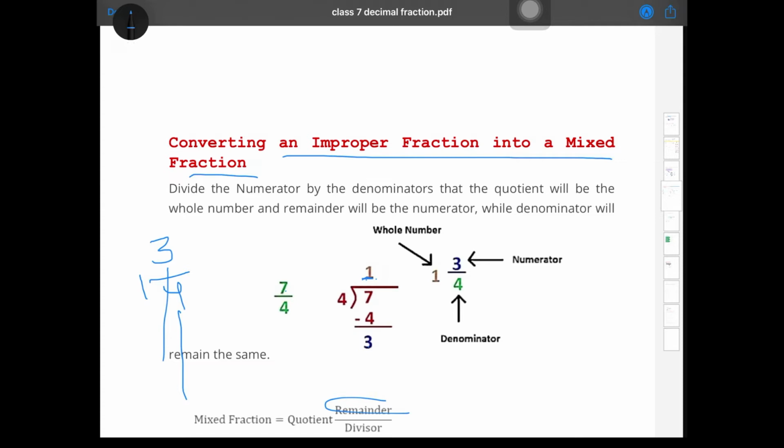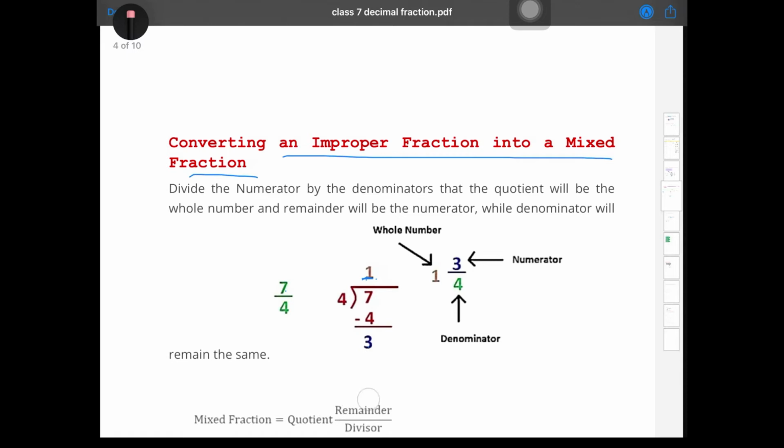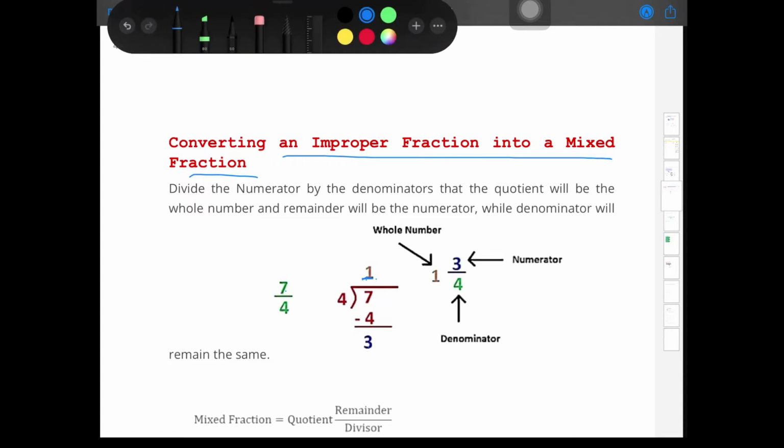In the same way, if you have an improper fraction and you want to write it as a mixed fraction, you can do so like this. Suppose you have 7 by 4, so you divide this 7 by the 4. Dividing by 4 will give you 1.